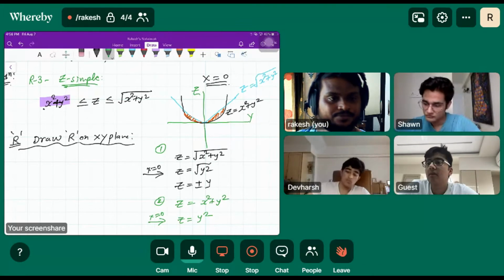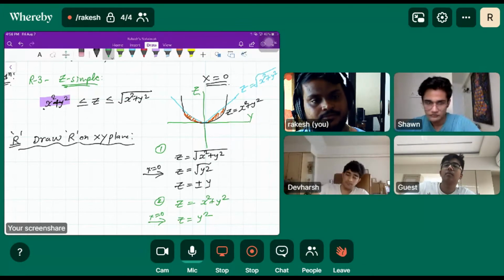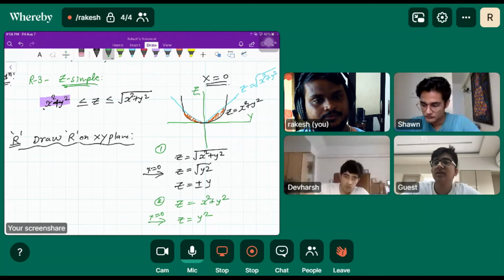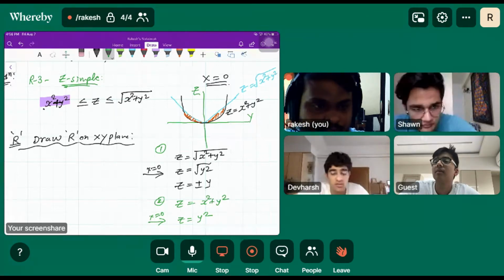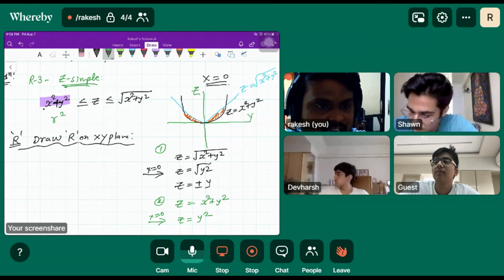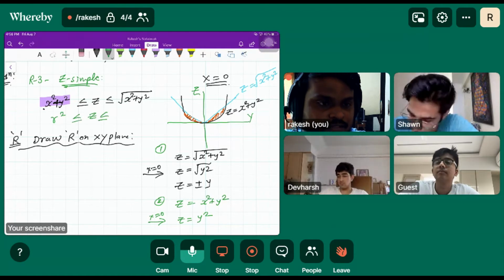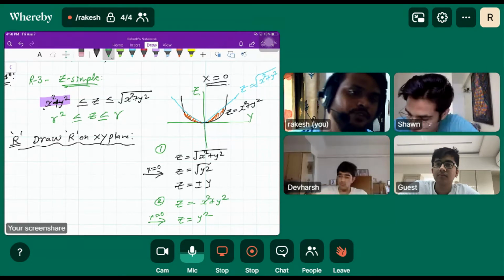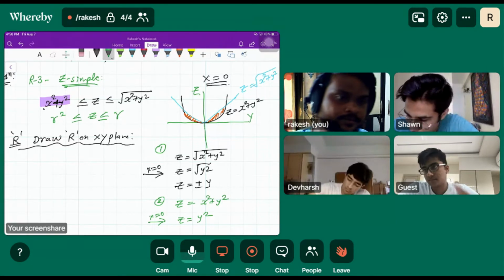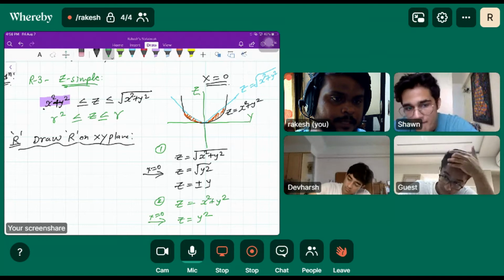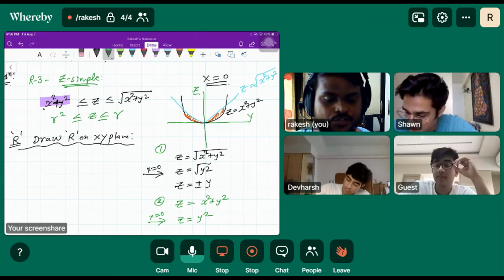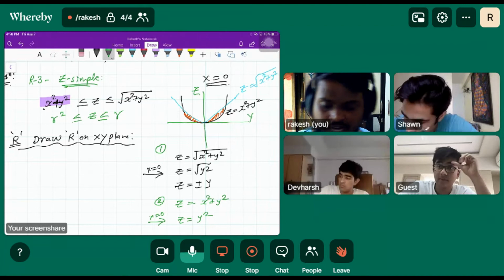Yeah, x square plus y square is r square, and root x square plus y square is r. Okay, so it's going from r square to r.